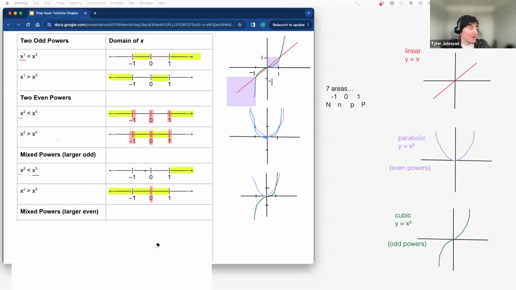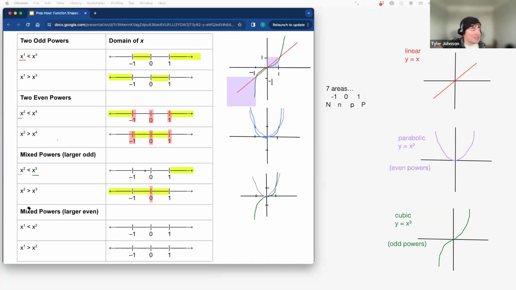Okay, we got one last scenario here. It's when we have a mix of powers, but this time I'm making my even ordered power a larger magnitude. So for this case, we can imagine, what if I have a linear, just x to the first? I'll draw that in red.